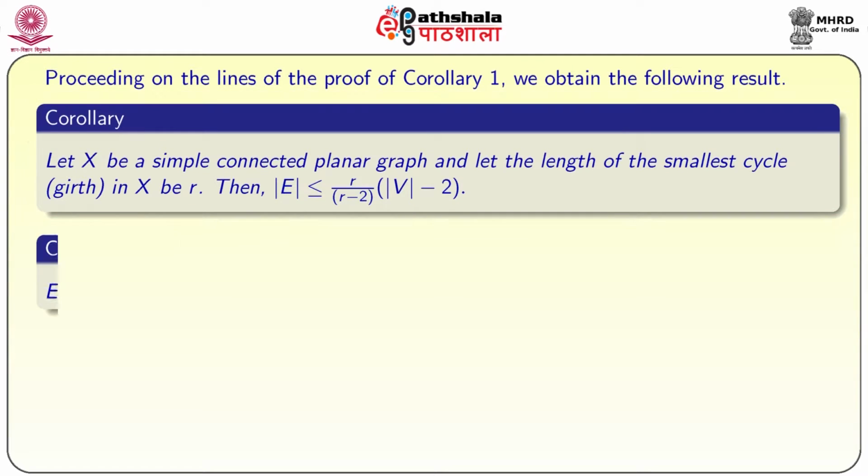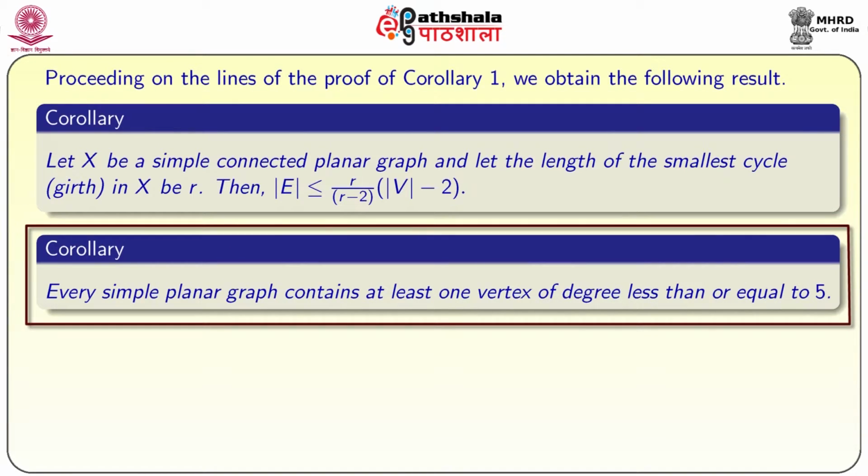So, another corollary is that every simple planar graph contains at least one vertex of degree less than or equal to 5. This is another important characterization of the planar graphs.